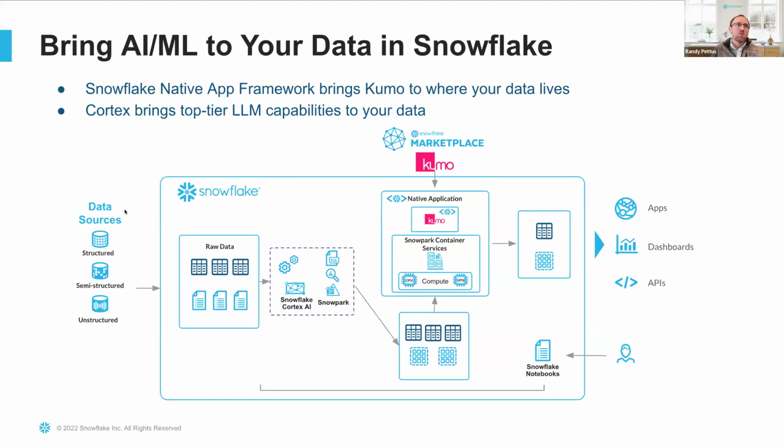You can then take advantage of all that structured, semi-structured, and unstructured data that's coming through, leveraging our Snowflake Cortex capabilities, for instance, using notebooks to orchestrate all of this, explore your data, and then again, do all of that awesome modeling that we'll see with Kumo today. Again, all of this can happen in Snowflake to power those apps, dashboards, and APIs.